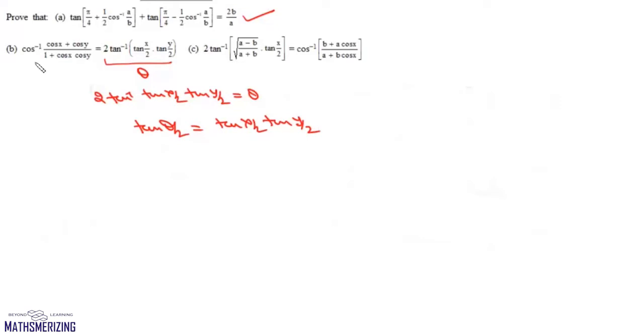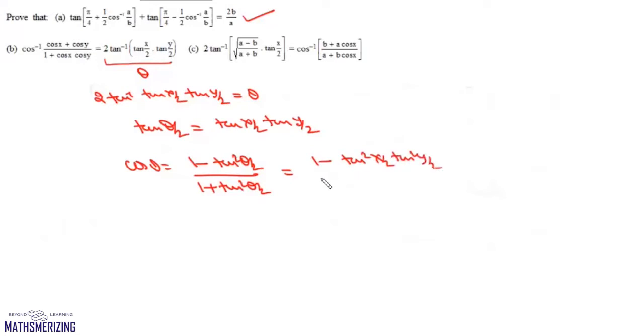Now clearly on the left hand side we have cos inverse. So we'll need to find cos theta. Cos theta here will be (1 minus tan square theta by 2) upon (1 plus tan square theta by 2). So it will be 1 minus tan square x by 2 into tan square y by 2 upon 1 plus tan square x by 2 into tan square y by 2.